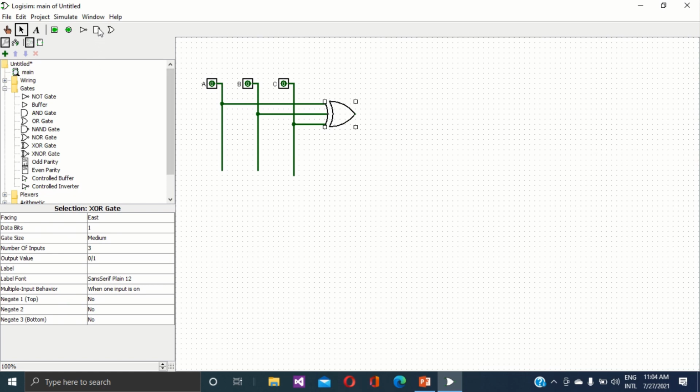Now I am going to add AND gates. Here I want to add 3 AND gates.